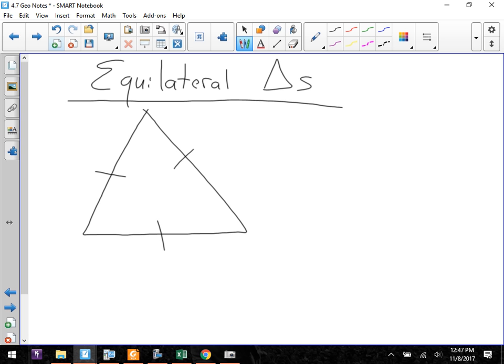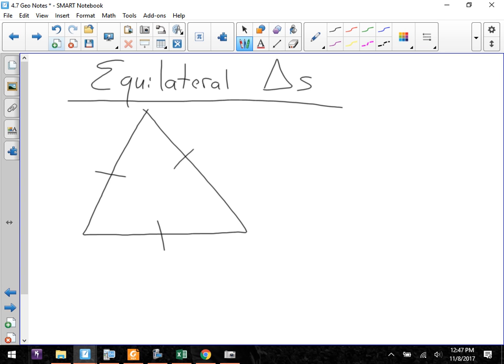Equilateral triangles have all three sides that are equal to each other. And if you go back and start thinking about it, the equilateral triangle is honestly just a fancier version of an isosceles triangle. Here's why.